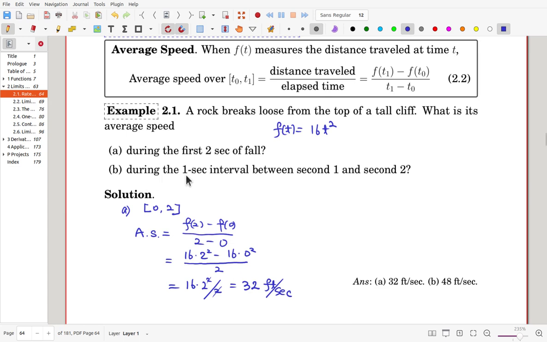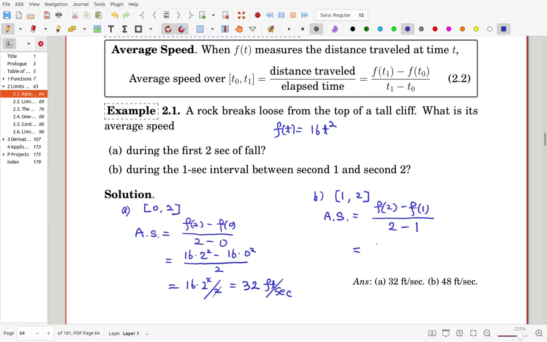During the 1 second interval between t equals 1 and t equals 2, that means we have to find the average speed for t between 1 and 2. So the average speed must be f of 2 minus f of 1 divided by the time elapsed, which is 2 minus 1.